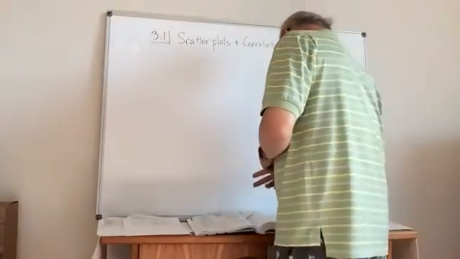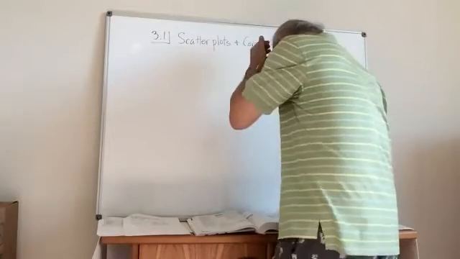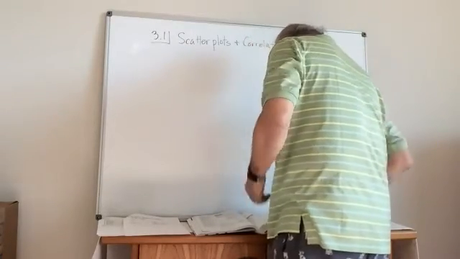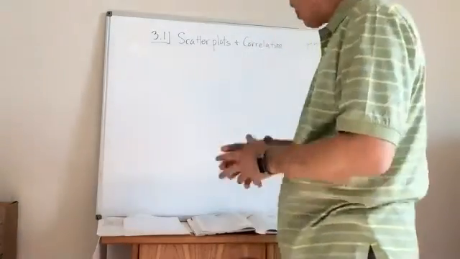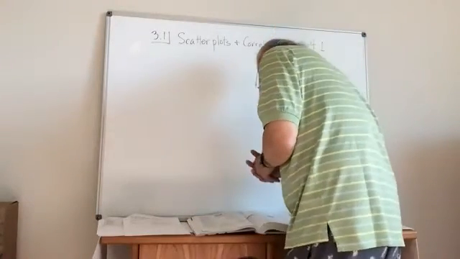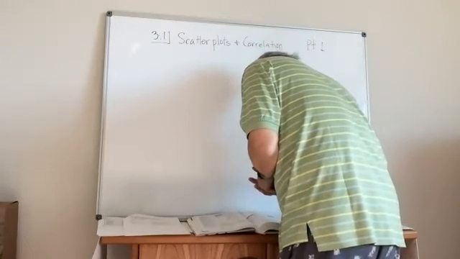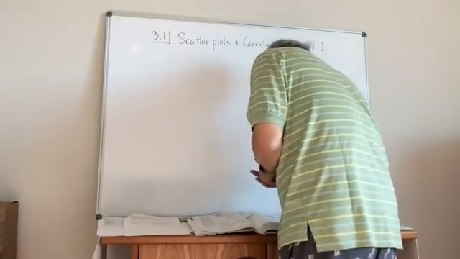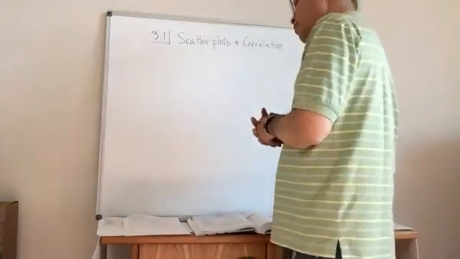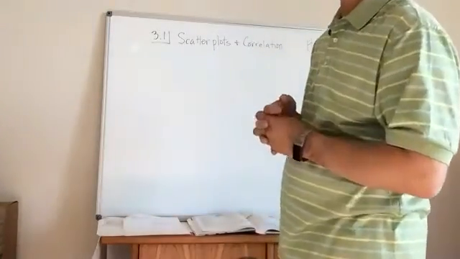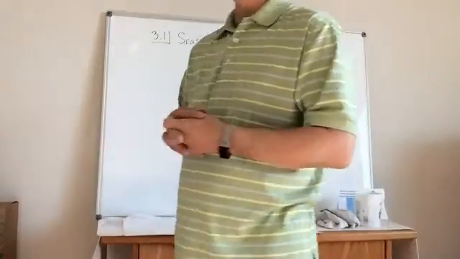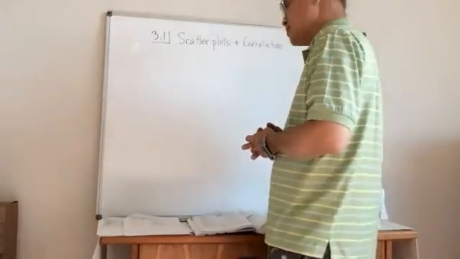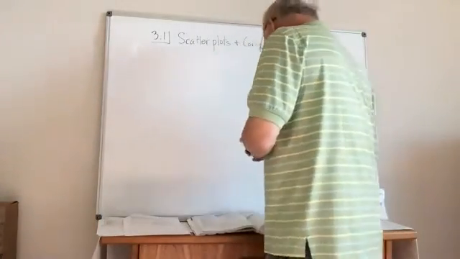Go to page 155, how to make a scatterplot, and read the 3 steps. You label the axes and scale them so that all the points fit, and then you plot them out.